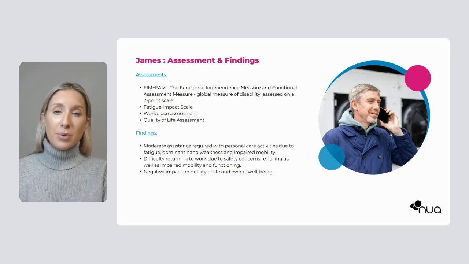Findings were that he presented with needing moderate assistance for personal care activities due to fatigue, dominant hand weakness, and his impaired mobility. He also presented with difficulty returning to work due to safety concerns around falling, as well as impaired mobility and general functioning. And there was also a negative impact on his quality of life and overall well-being as a result of the brain injury.